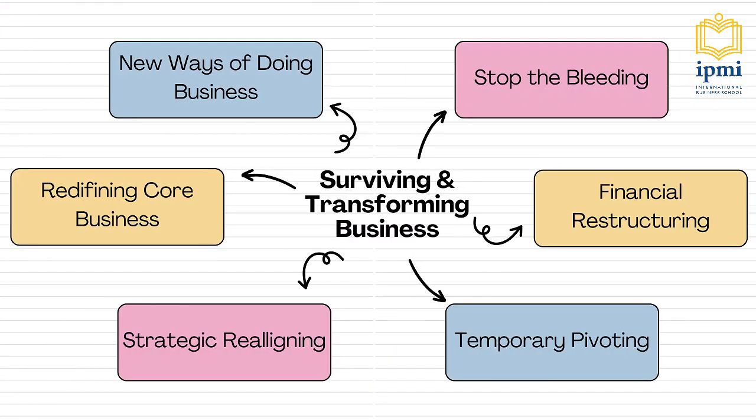So for transforming the business, the key is to stop the bleeding: financial restructuring, temporary pivoting, strategic realigning, redefining core business, new ways of doing business.